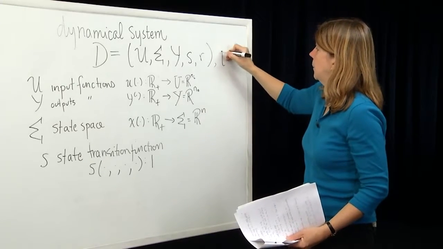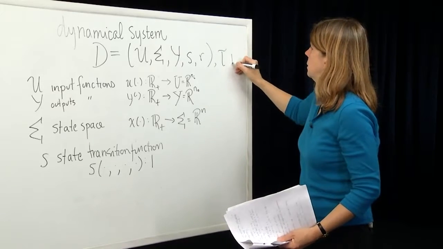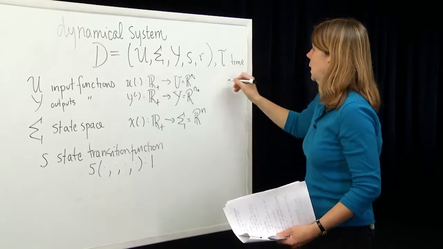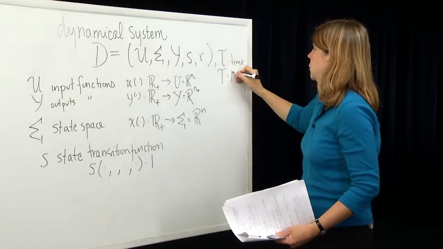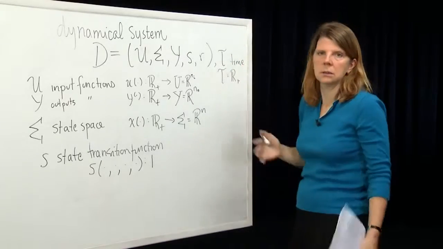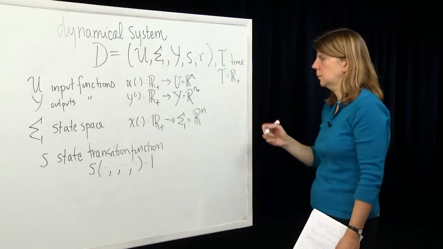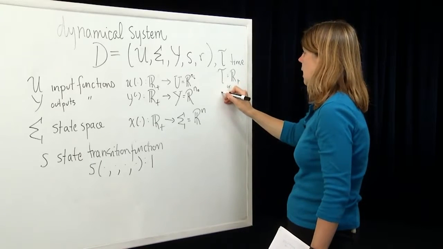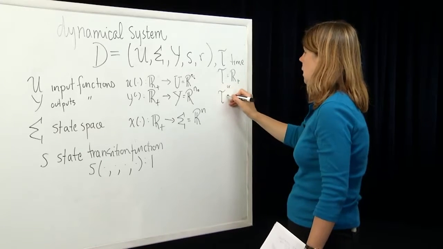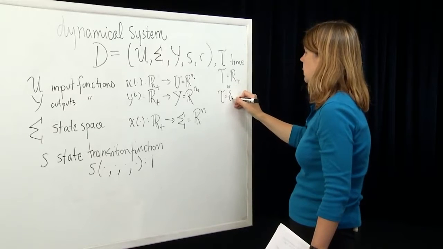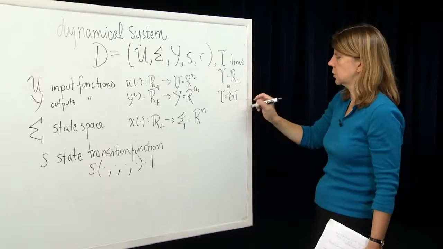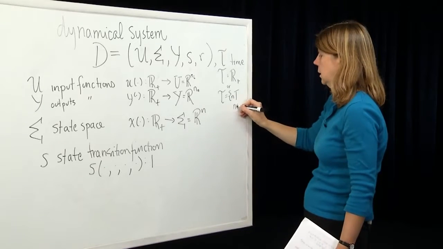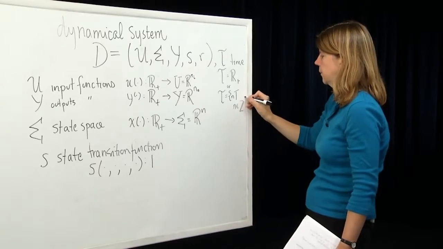Let's define capital tau to be time. And tau can either be equal to R plus, or R, if we want to include negative time, or tau could be the set of points nT, so n here is an integer.